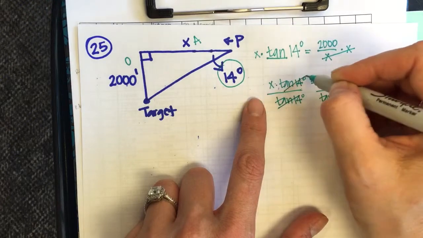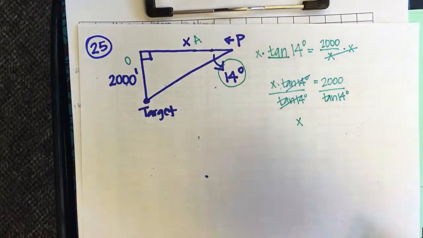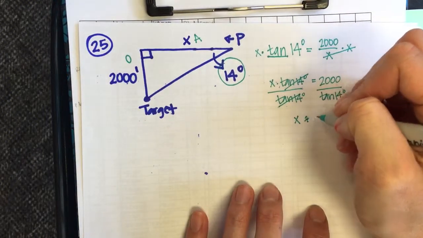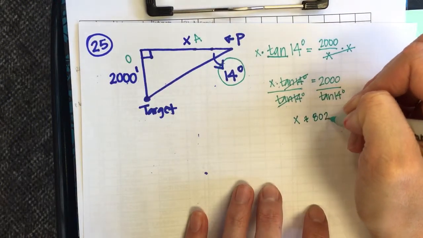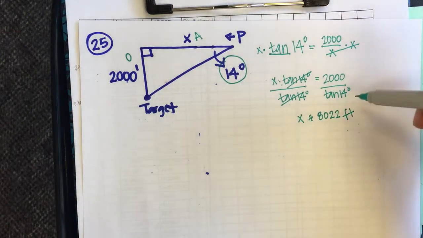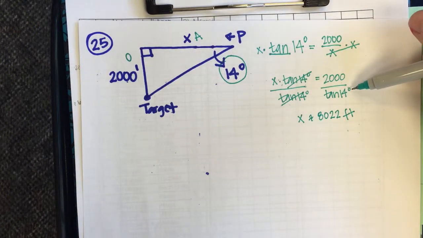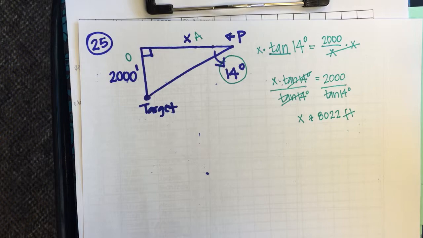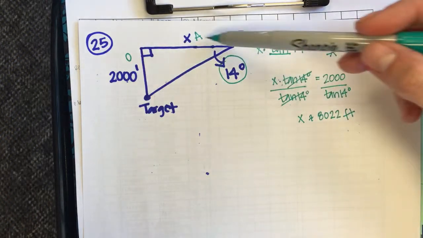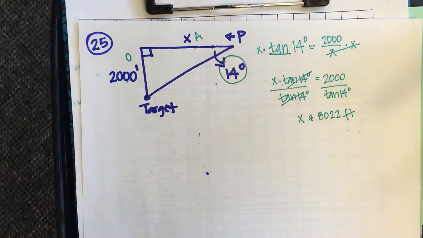So those cancel, and we get X. I think that it asks you to round to the nearest foot. So X is about 8,022 feet. If you didn't get that answer, make sure that your calculator is in degree mode, because our angle is given to us in degrees. So that is part A. The plane is 8,022 feet away from the target, a horizontal distance.